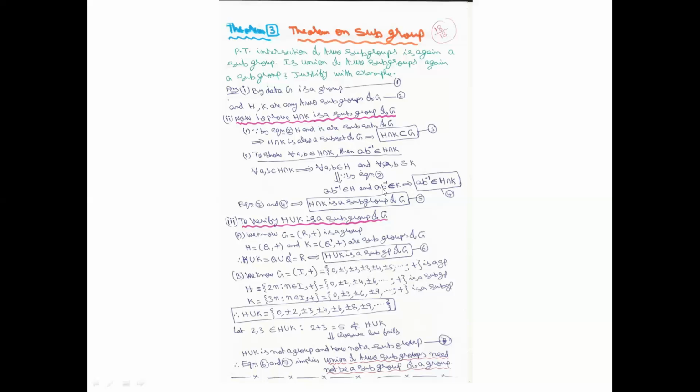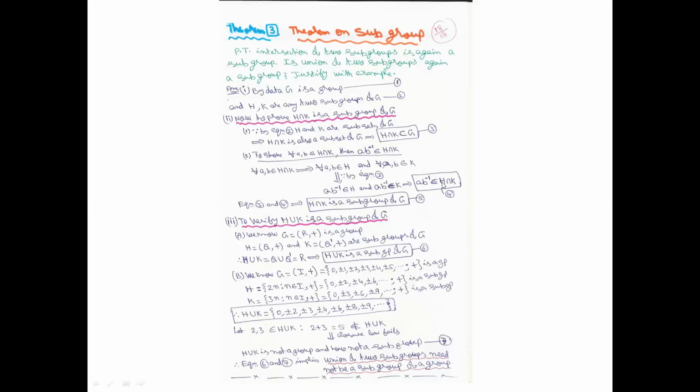Similarly, A B inverse belongs to K. Now, the element A B inverse belongs to H, and the same element A B inverse belongs to K. Then that element is a common element of their intersection. That means A B inverse belongs to H intersection K. So from equation 3, that set is a subset of G, and this condition holds good in that set.